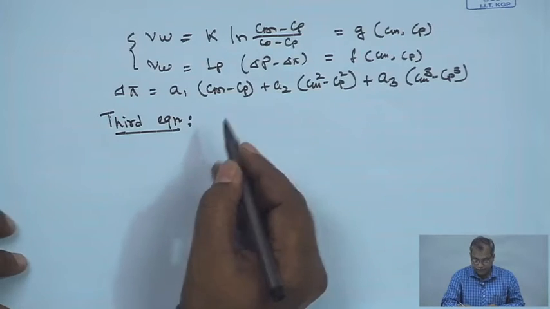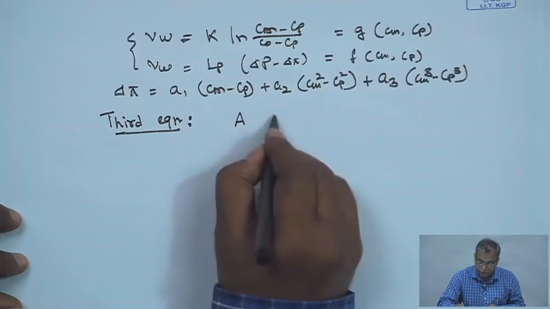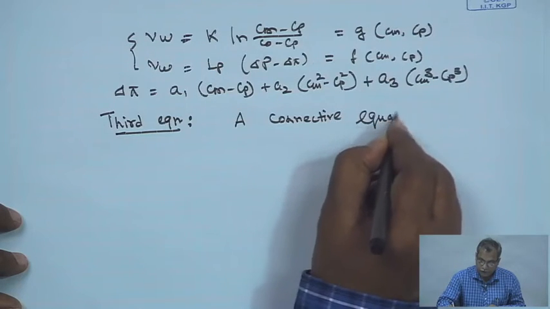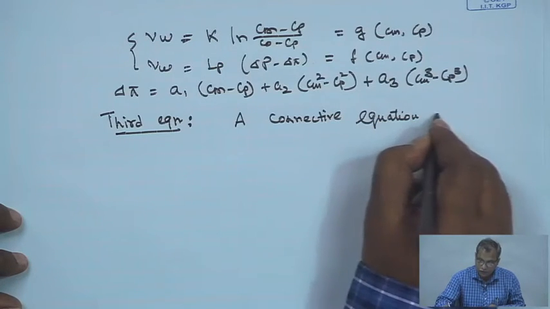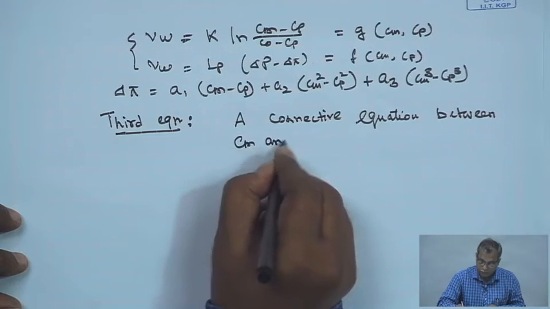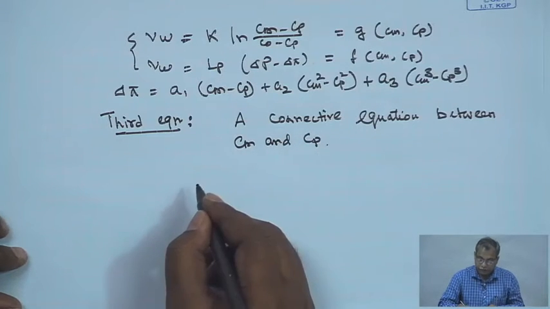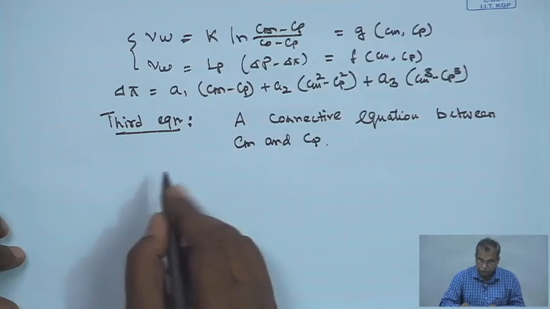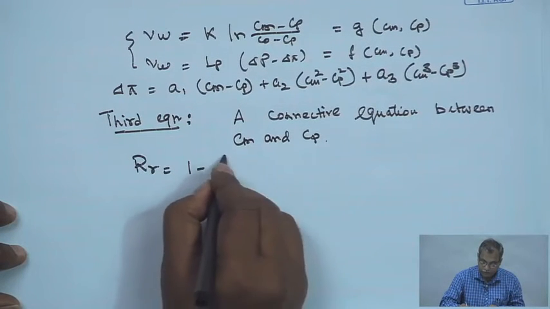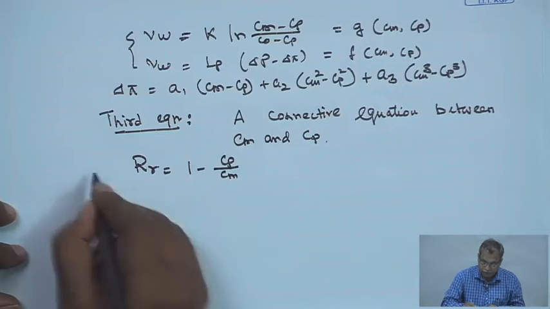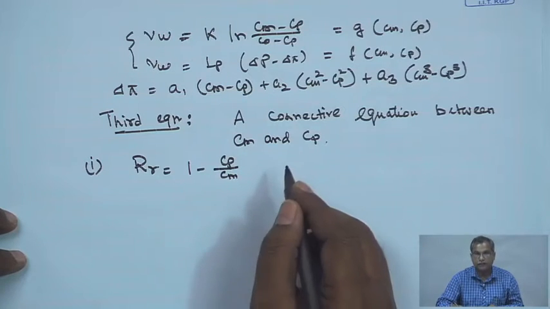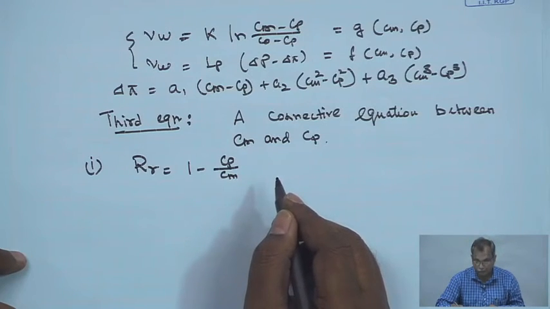The third equation is basically a connective equation between Cm and Cp. What is the connective equation? If you look into the definition of real retention, it is 1 minus Cp by Cm. So this is one route to connect Cp and Cm, the solute concentration in the permeate and the solute concentration on the membrane surface.